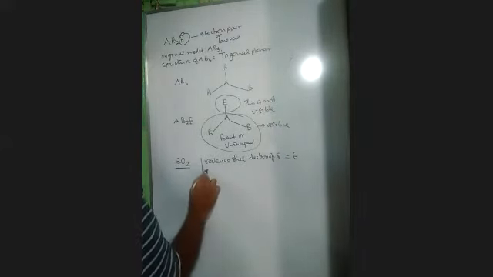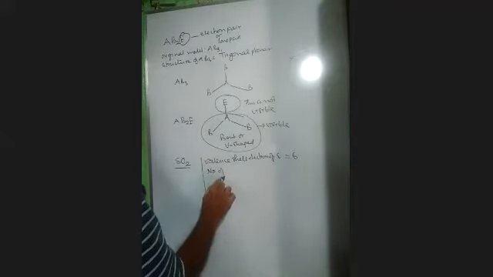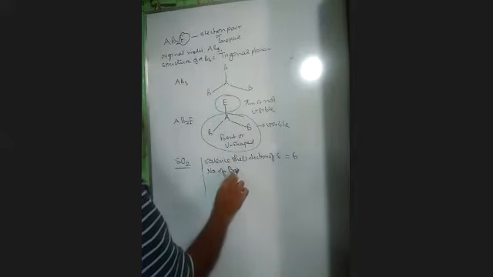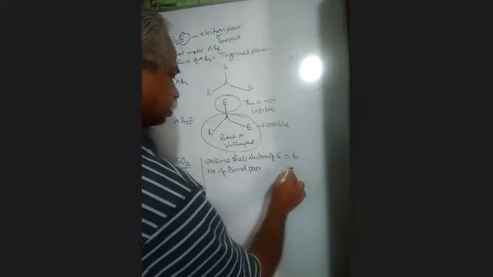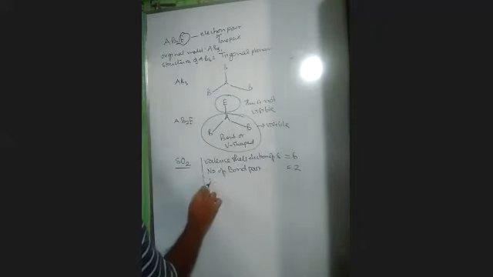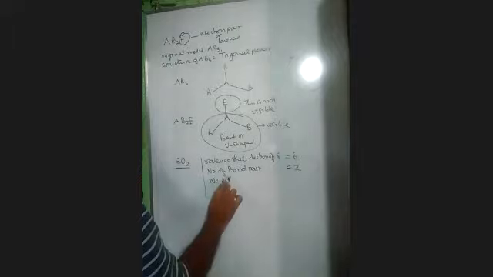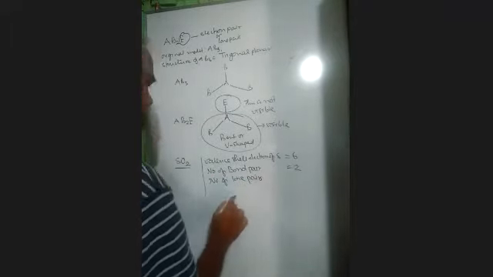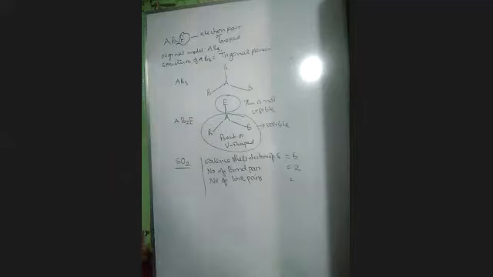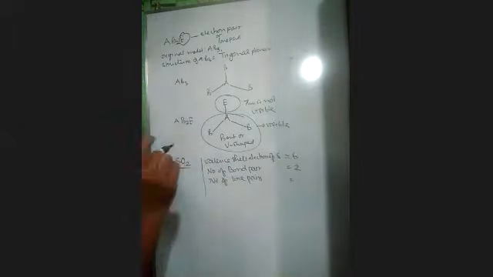Number of bond pairs, 2, oxygen, so I'll write 2. Number of lone pairs. Okay, how to calculate? I told you this is the main mistake of VSEPR. While they write, they do not make a distinction between single bond and double bond. But in calculation of lone pair, you have to find it.